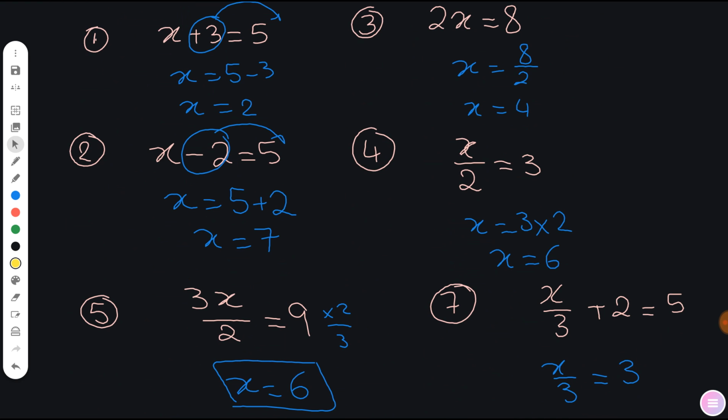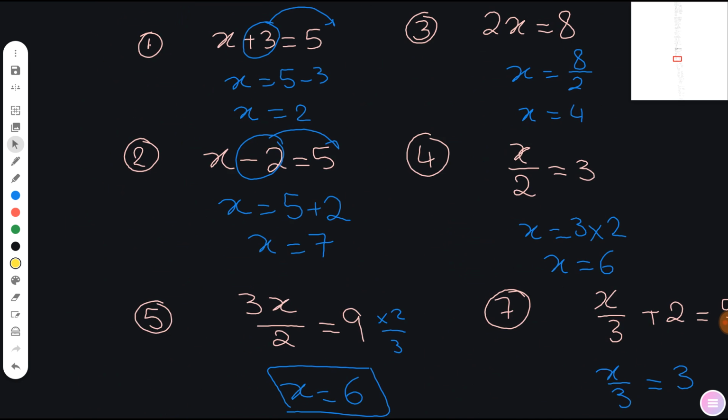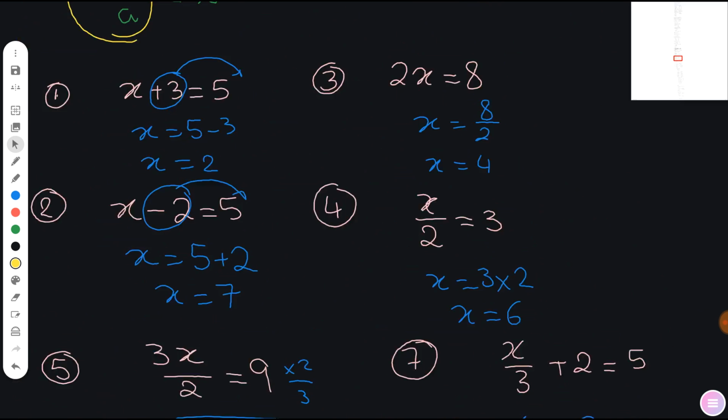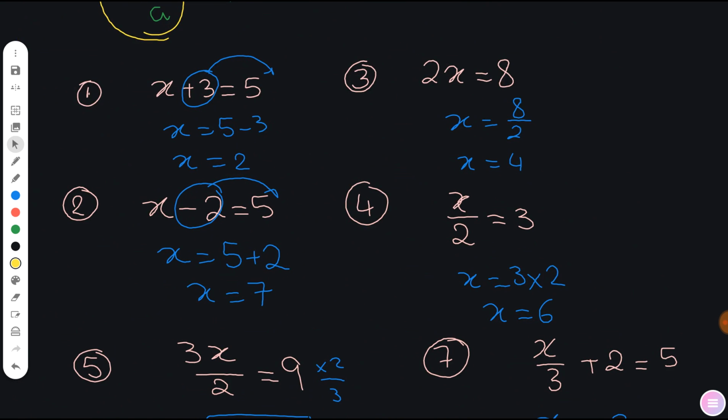Number 3, 2x equals 8. We have multiplication. We will divide by 2 to get x, so 8 divided by 2 will be 4. Number 4, x over 2 equals 3. We will multiply by 2 to get the value of x, it will be 6.